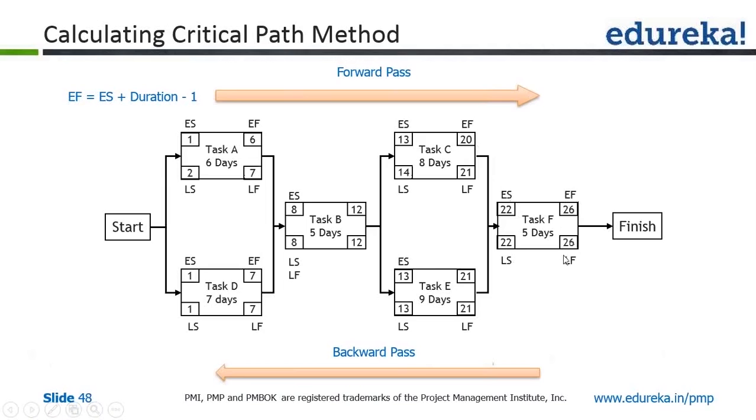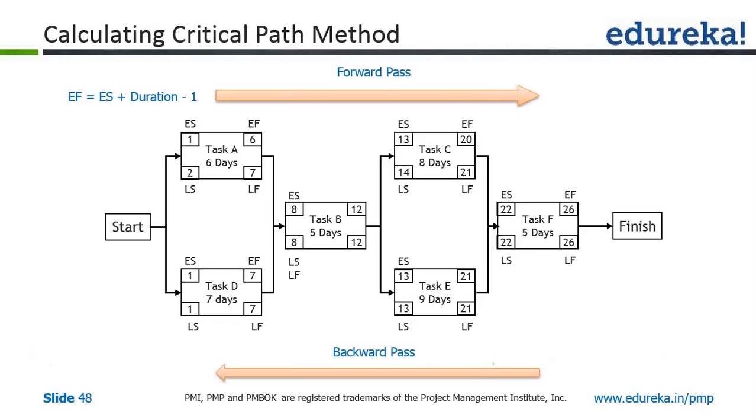Going backward, this task is getting over on day 26. To allow it to finish on day 26, the latest by which it must start is day 22.